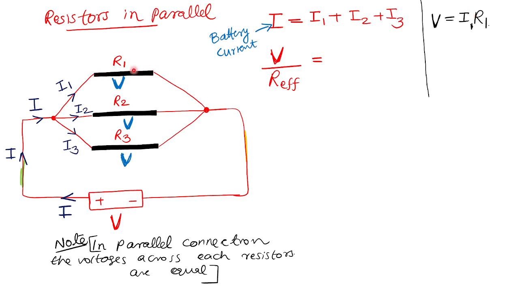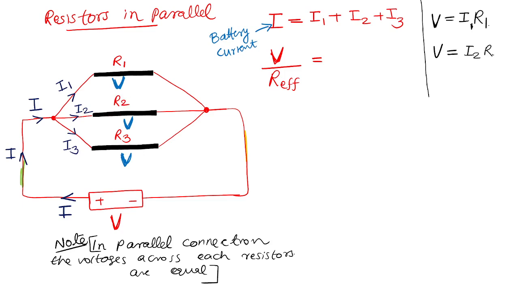The potential difference across the resistor is equal to current into resistance. Similarly, the potential difference across the second resistor is also current into resistance, I2 into R2.